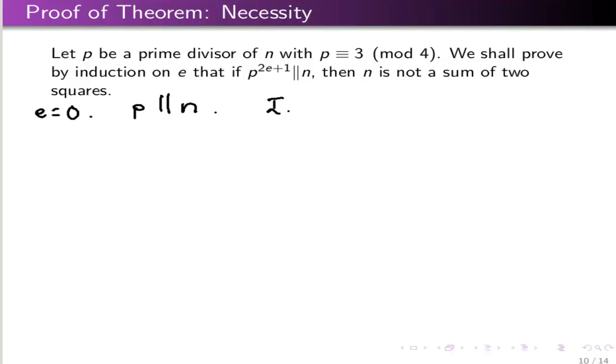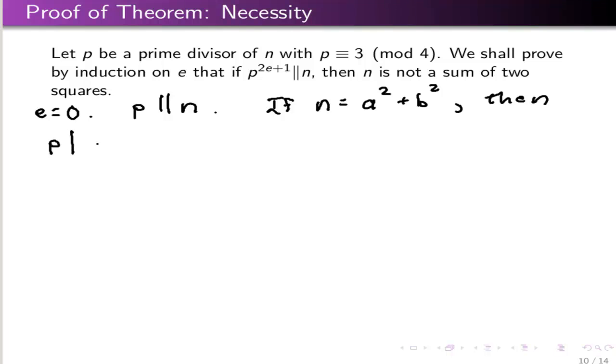Well, if n is a squared plus b squared, then P is a divisor of a squared plus b squared.